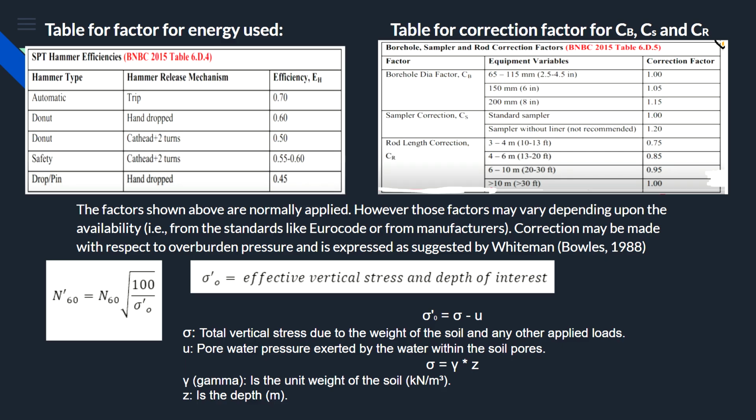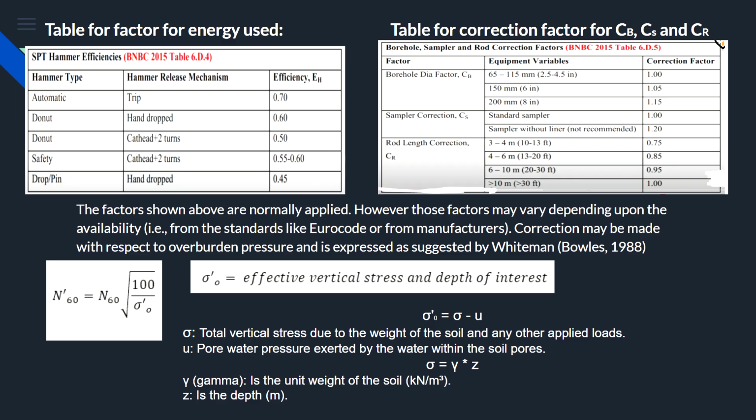Correction may be made with respect to overburden pressure and is expressed as suggested by Whitman and Bowles 1988, which is a simple version of the corrected SPT N number correlation, which is N'60 equals N60 times the square root of 100 divided by sigma prime naught, where sigma prime naught is the effective vertical stress at the depth of interest.